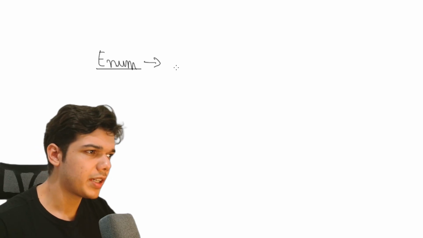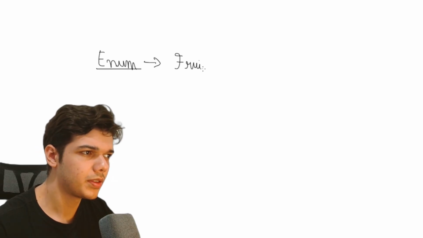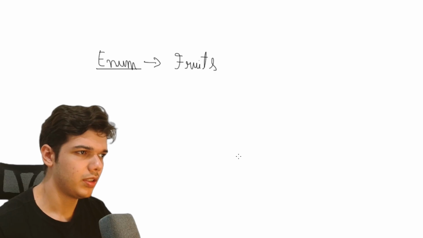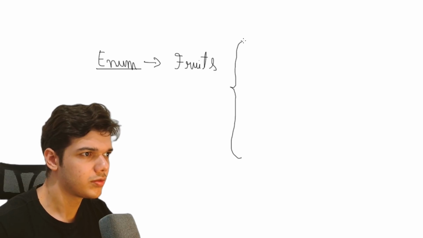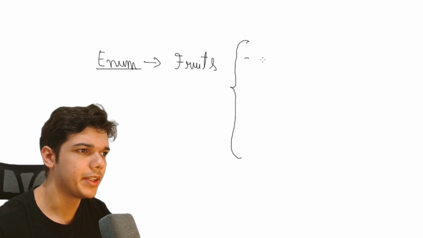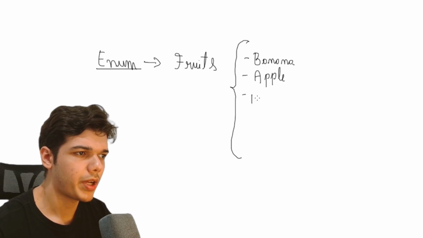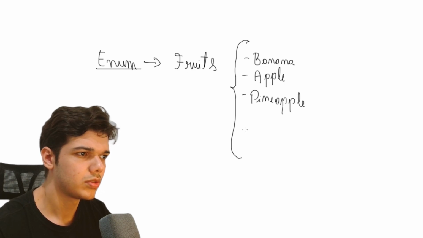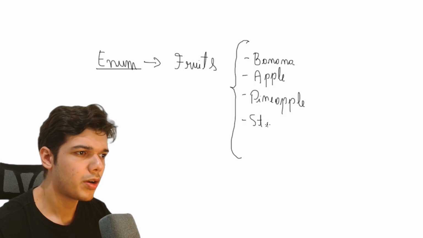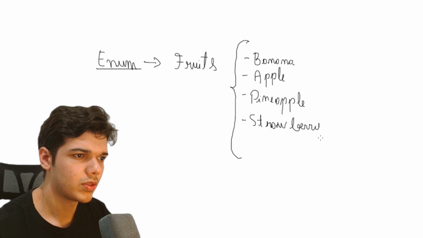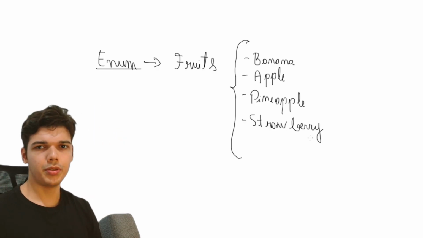Like if you have an enum of fruits, you can store the values you want, like banana, apple, pineapple, strawberry, and other uses.